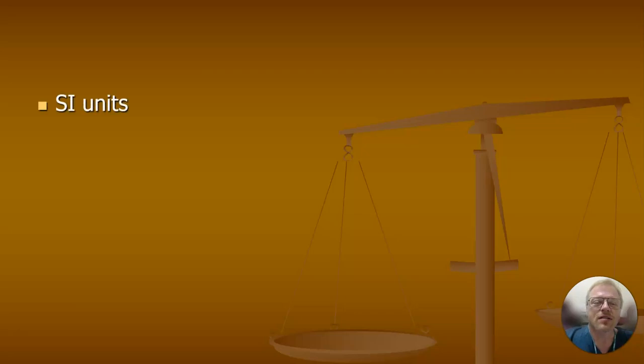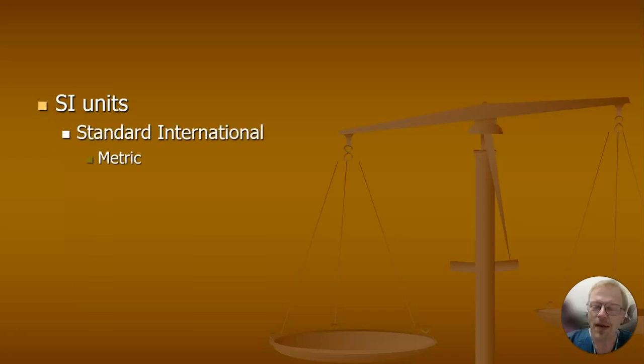In the metric system, we use what we call SI, or Standard International Units. And that is the metric system. And pressure is usually measured in SI units in what are called kilopascals.